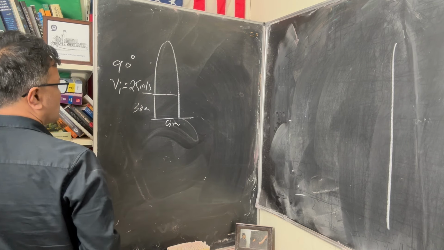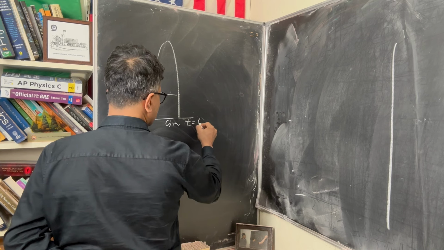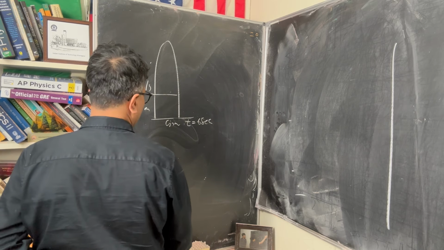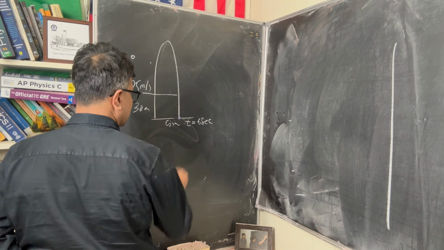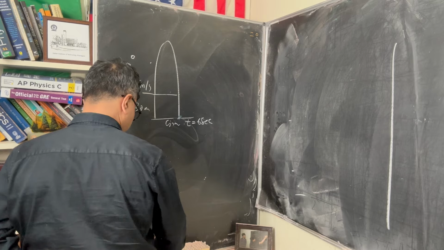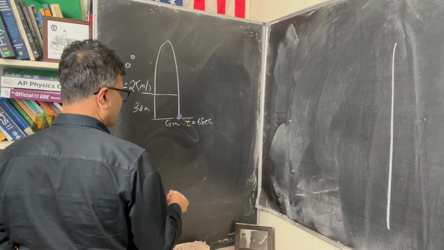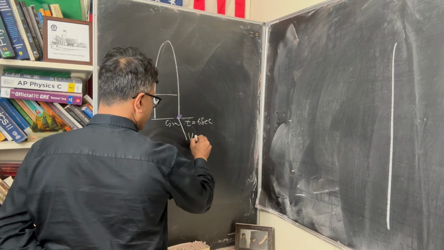What we are trying to find, we just found before that the time over here is 6 seconds. In this problem, we are trying to find something very simple. When it drops over here, it creates the impact velocity. Impact velocity happens at 6 seconds. I don't have different color chalk. What we're interested in is impact velocity.